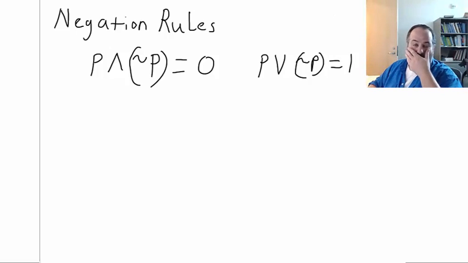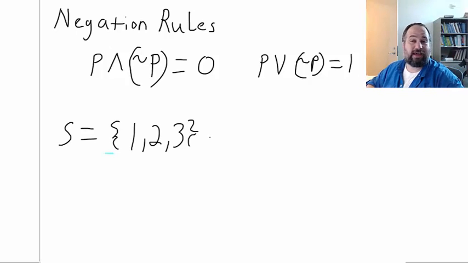If we go back to the first one, P is 1 or 0, not P is the opposite. If we AND them together, we will always get 0. By the same token, if we OR them together, one of them has to be 1, right? So if we use our same set S of 1, 2, and 3, now notice we no longer have the empty set and the universal set being explicitly stated, but they're still there.